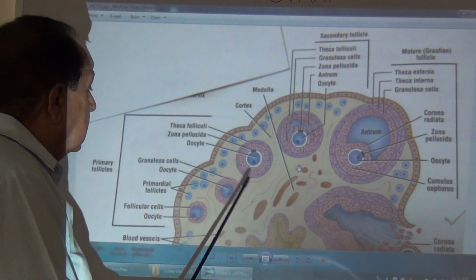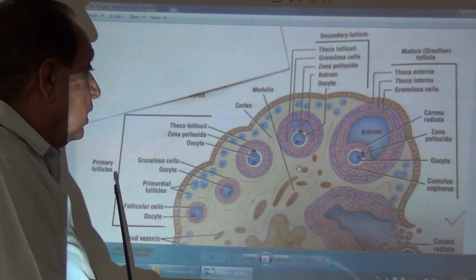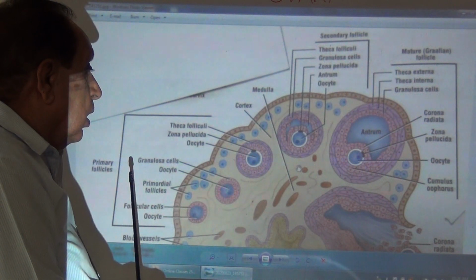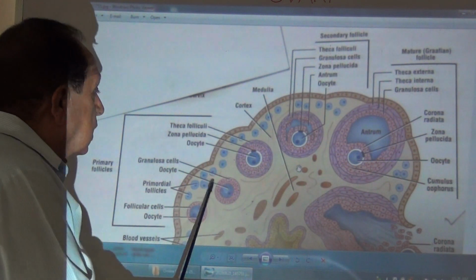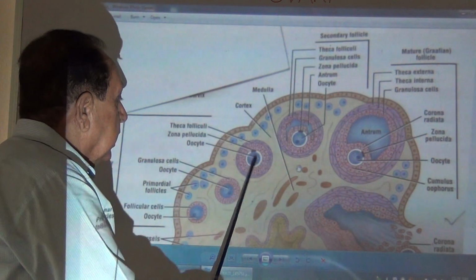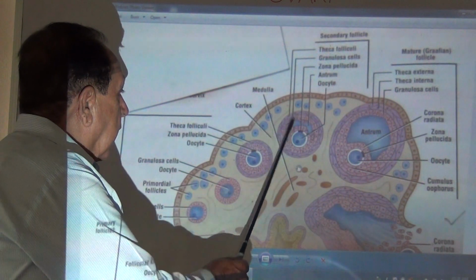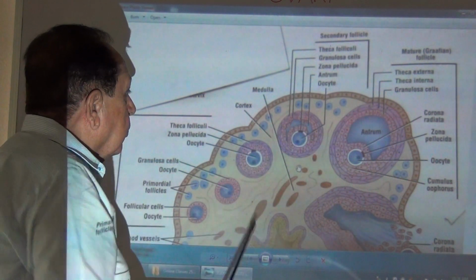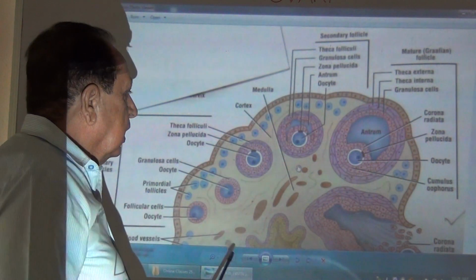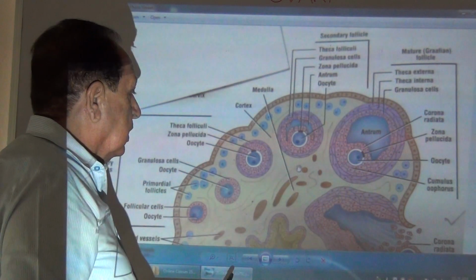later on, at puberty and after puberty, these follicles grow, they enlarge in size, and fluid-filled cavities appear in the epithelium of the follicles.